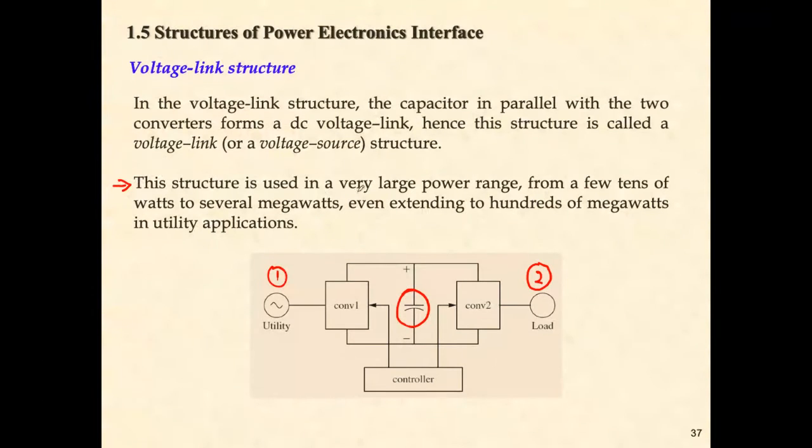It is very good at a very large power range, from a few tens of watts to several megawatts, or even higher, for utility applications. Here CONV stands for converter, so converter 1 and converter 2. You will learn the operation and principle of these converters in the second half of this subject.